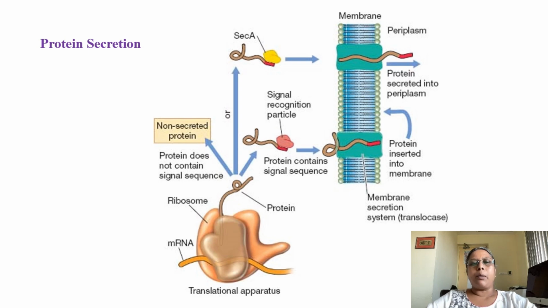This cytoplasmic component identifies the signal recognition sequence and binds to the protein through it, presenting it to the translocase for further action. Depending upon the requirement, the protein either gets embedded in the membrane or is exported into the periplasm.